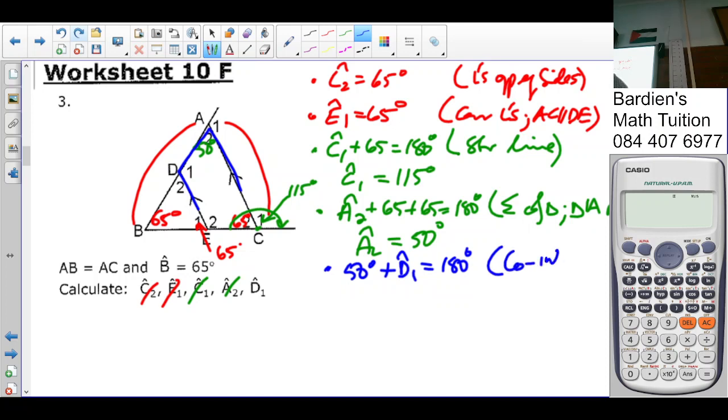Let's go interior angles with AC being parallel to D. So angle D1 is equal to 180 minus 50, which is 130. Any confusion here? No confusion?